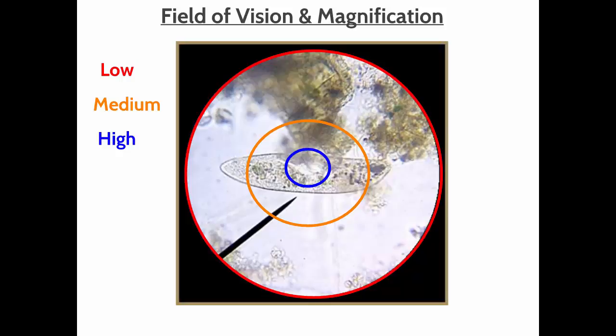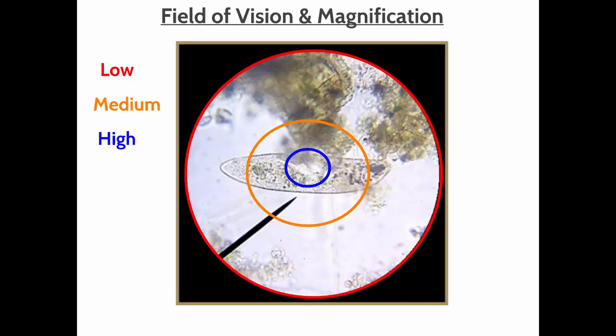In tomorrow's lab, you're going to actually measure how big a field of view you can see in our microscopes under the various powers. Once you know how wide your field of view is, you can use that to estimate the size of objects. For example, if this field of view is 10 millimeters across, how big is this paramecium, would you say?